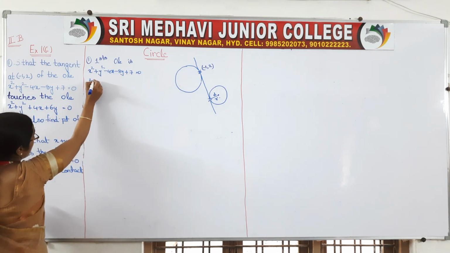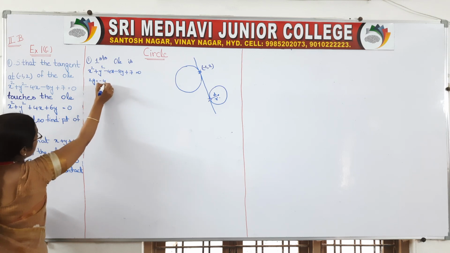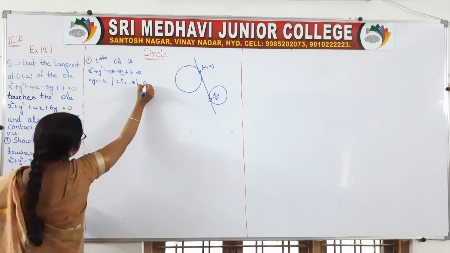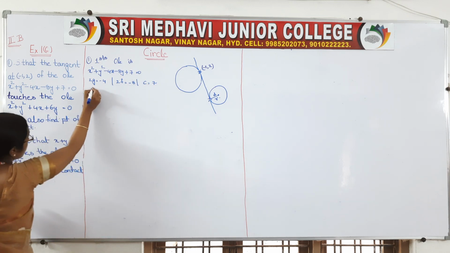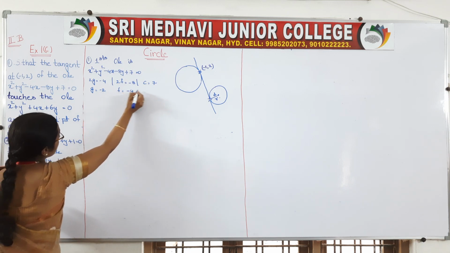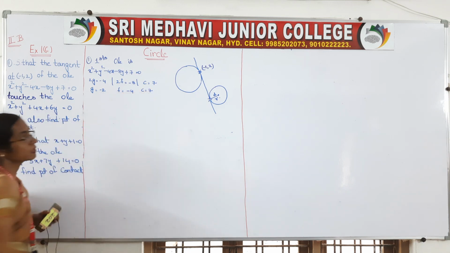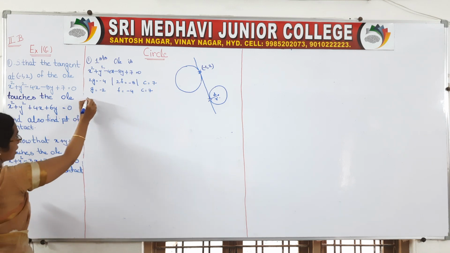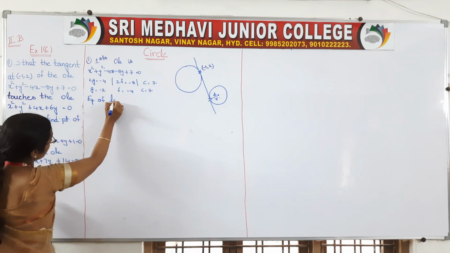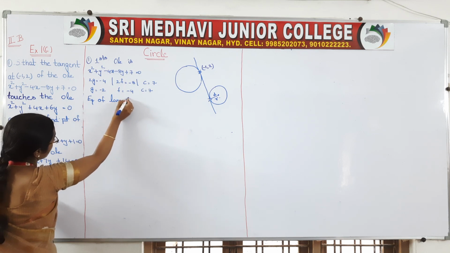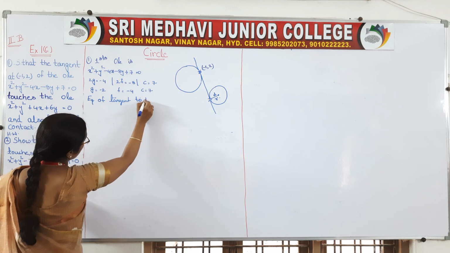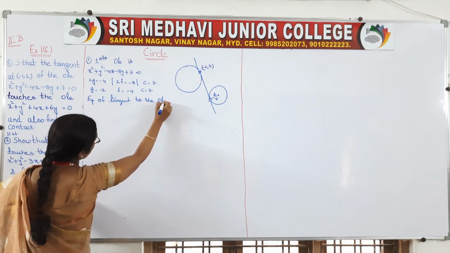Compare with your general form: 2g is equal to -4, 2f is equal to -8, c is equal to 7. So g is equal to -2, f is equal to -4, c is equal to 7. So now you take the equation of the tangent to that circle at which point?